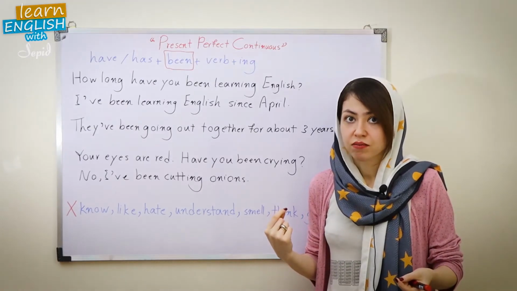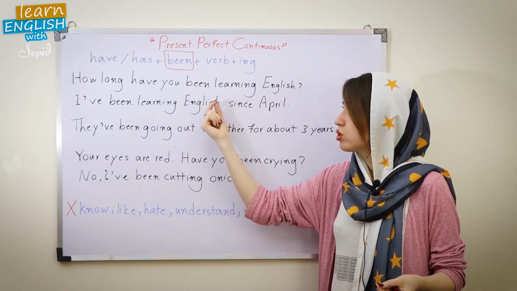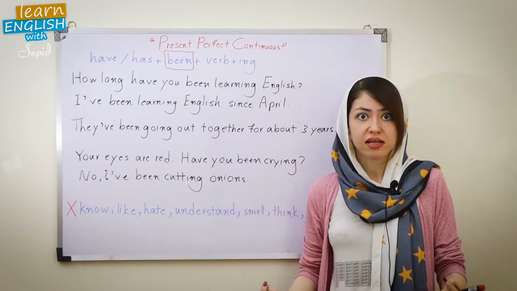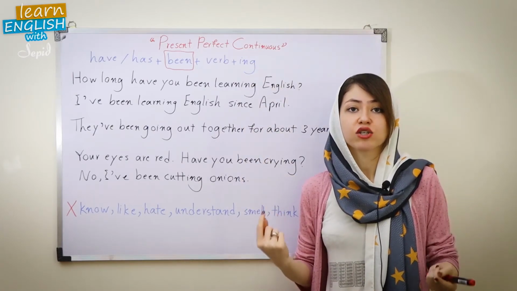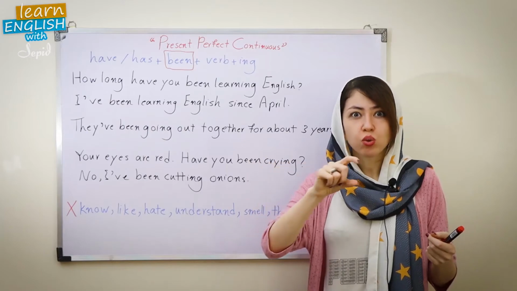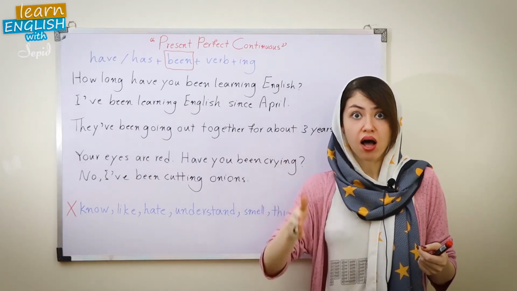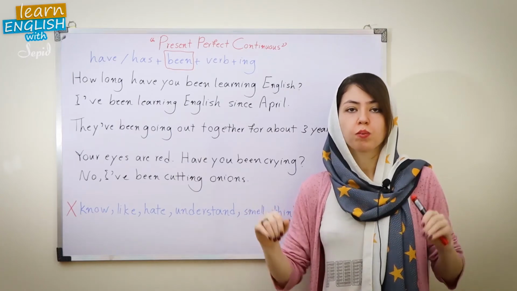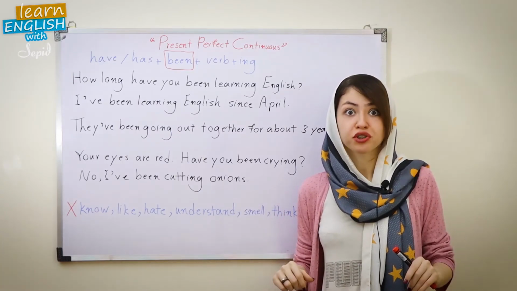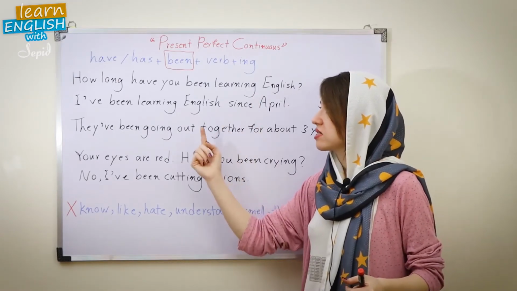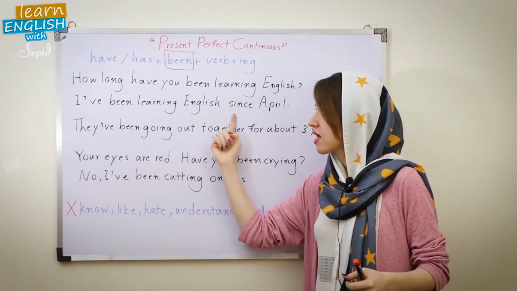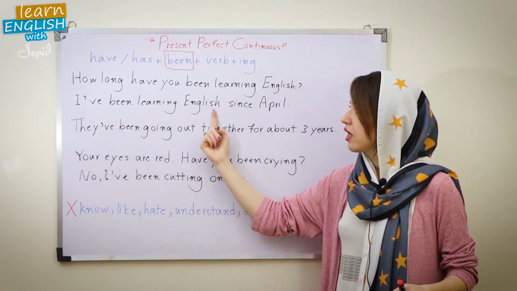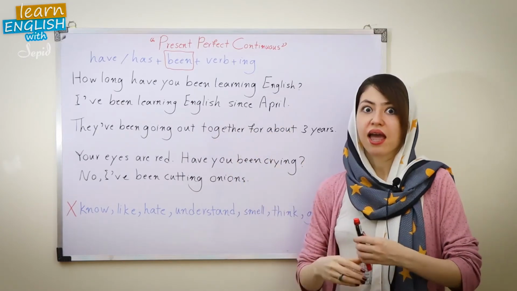The point is that you should notice that if you're using present perfect continuous tense, you are talking about actions which continue without any pause, okay? With no stop, no pause, no interruption, okay? So let's see. For instance, take a look at the second example here. I've been learning English since April.